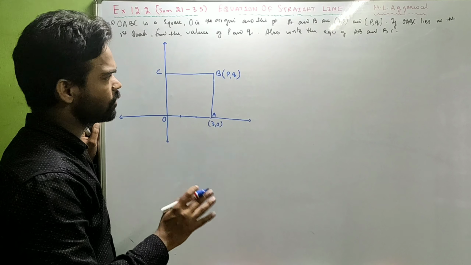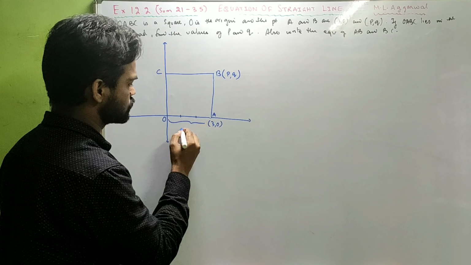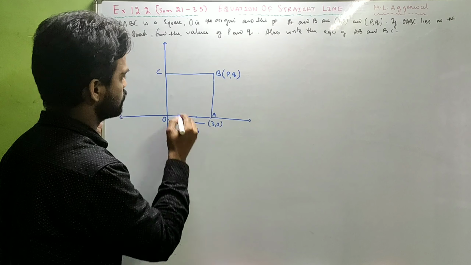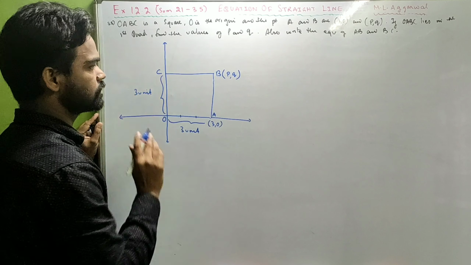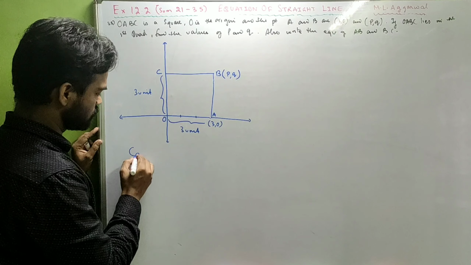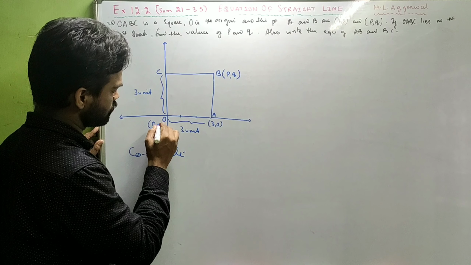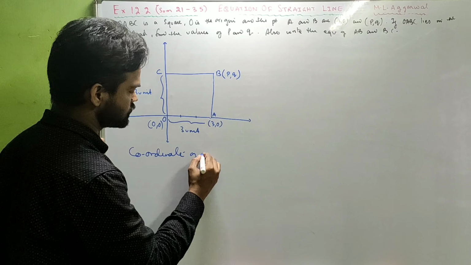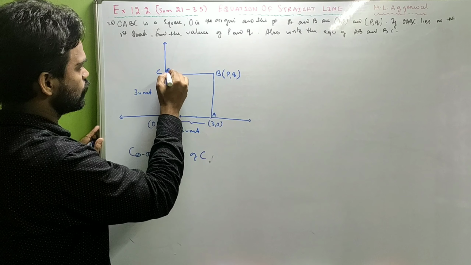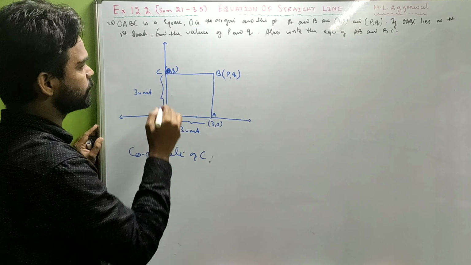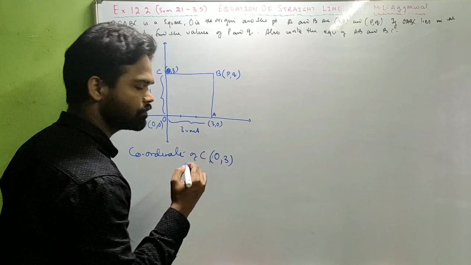We can do it by the distance formula, but graphically it is very easy. Look over here. This is 3 units. So this has to be 3 units, isn't it? Which means, O is the origin, the coordinate of C will be (0, 3), isn't it? Because it is on the y-axis, (0, 3).